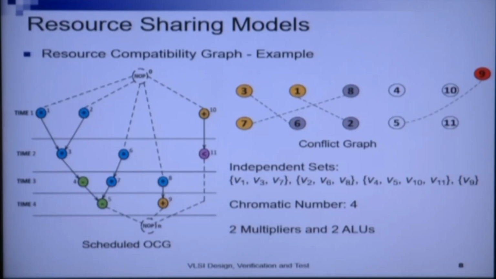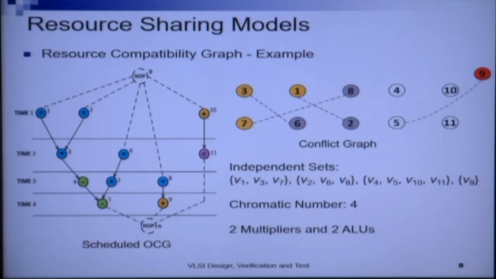Because they are scheduled in the same time step, they are conflicting and cannot be executed by the same resource instance, and therefore, they share an edge. Obviously, 3 and 4 also share an implicit edge which is not shown, because 3 and 4 are two unrelated operations, which must be executed by operators of different type. There is an implicit edge between them which we have not shown here.